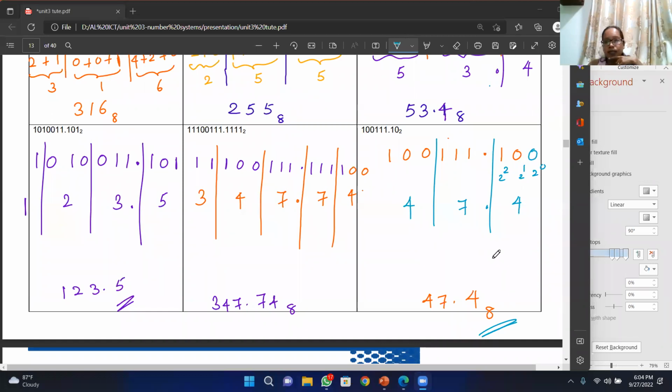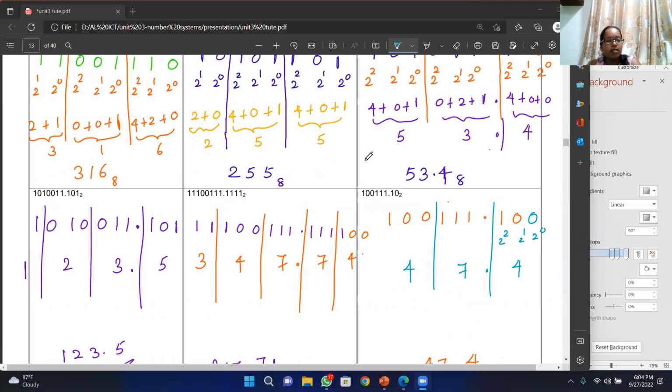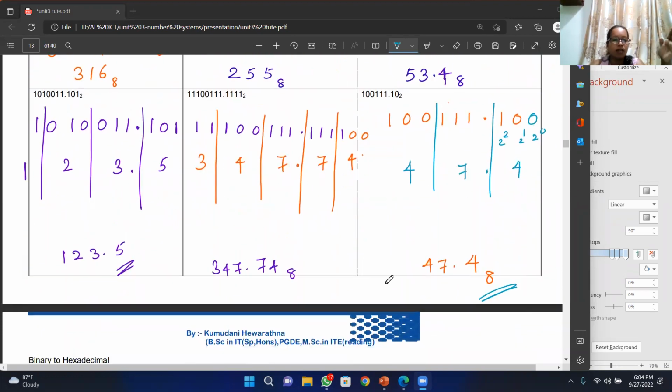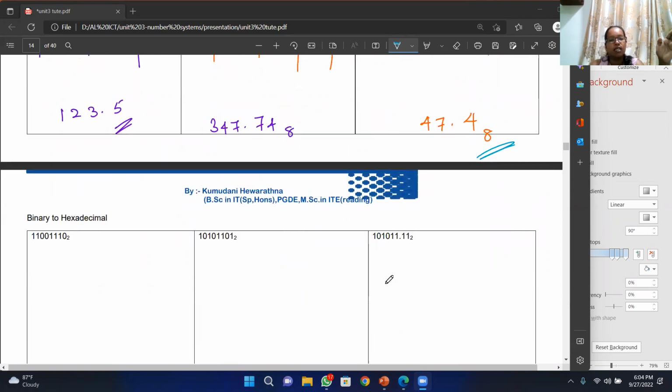Next part. Now this is binary to octal. Later, binary to hexadecimal. Same procedure you have to follow there. There you have to divide 4 by 4, because binary means the base is 2 and hexadecimal means base is 16.